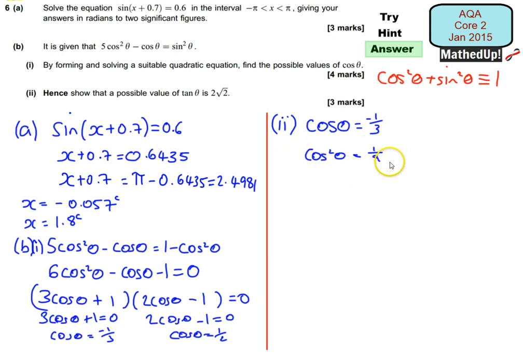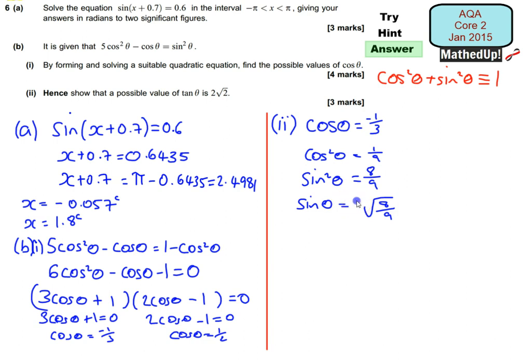So if cos squared theta is equal to 1/9, that tells me that sine squared theta, because cos squared theta plus sine squared theta is always equal to 1, must be equal to 8/9, which in turn tells me that sine theta must be equal to the square root of 8/9.